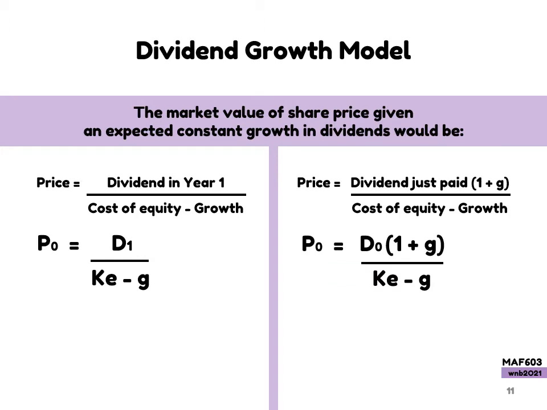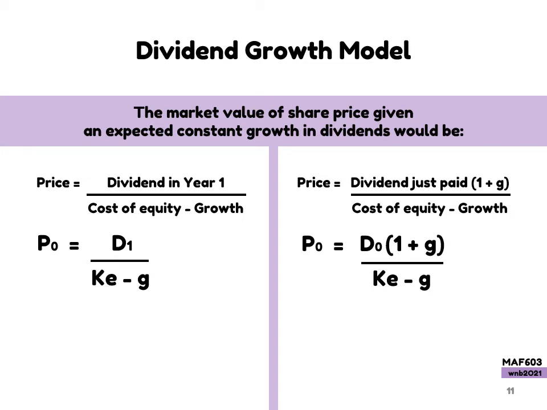According to the dividend growth model, the market value of share price, the P, is given as an expected constant growth in dividend. So this is the formula to estimate the price.